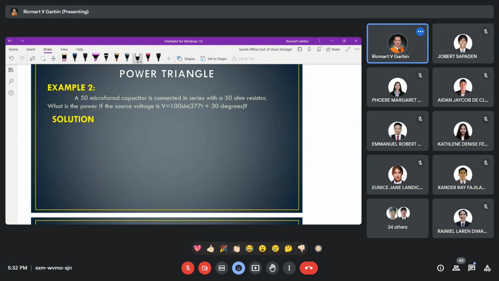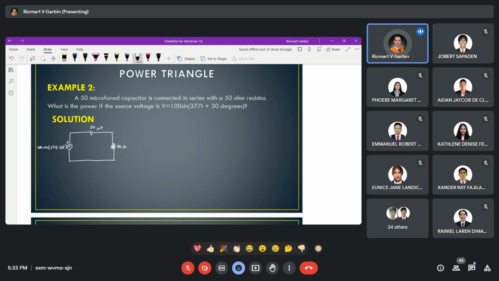So, meron daw tayong given na circuit, series circuit, connected to a source na 100 sine of 377t plus 30 degrees volts. Tapos meron daw tayong 50 microfarad capacitor connected in series with a 50 ohm resistor. So 50 ohms, tapos ito ay 50 microfarads. So tinatanong sa atin is the power of the source voltage.